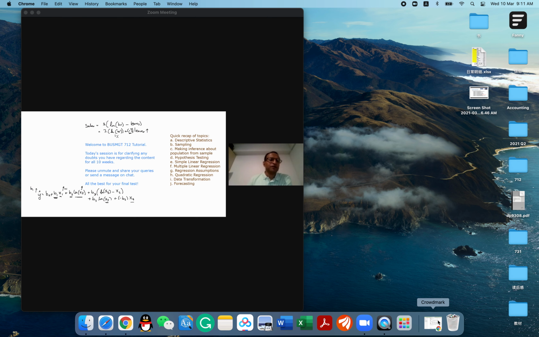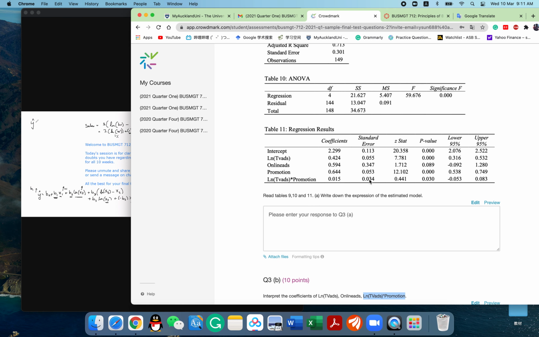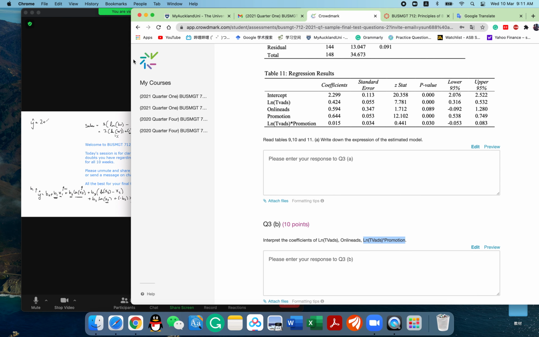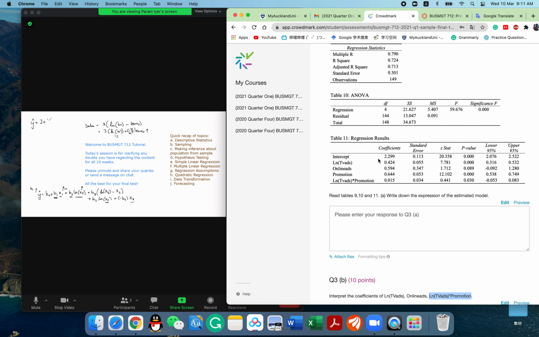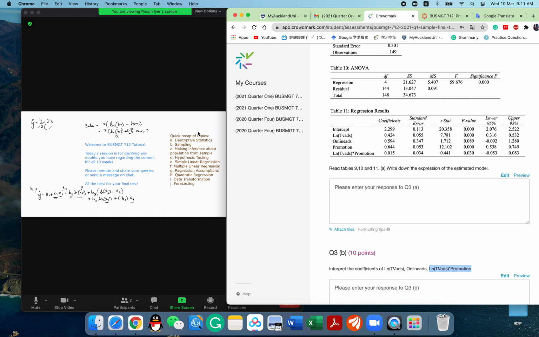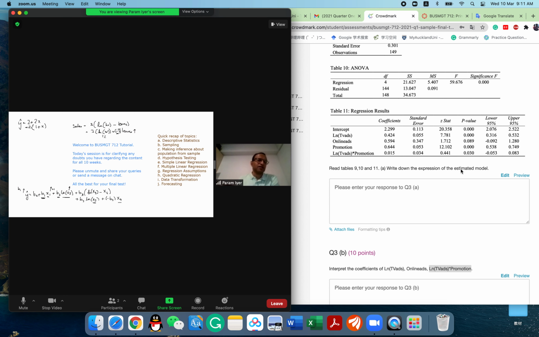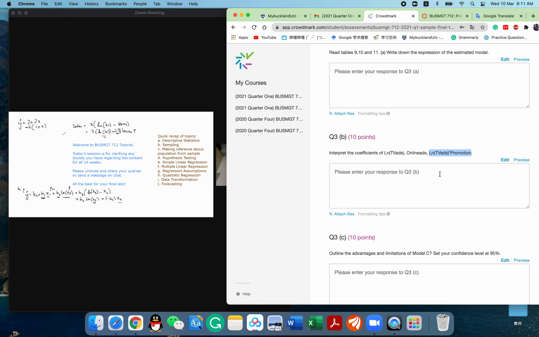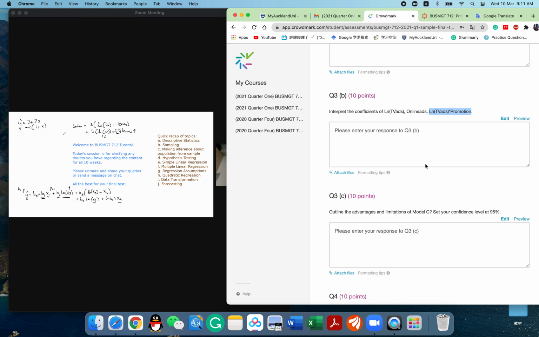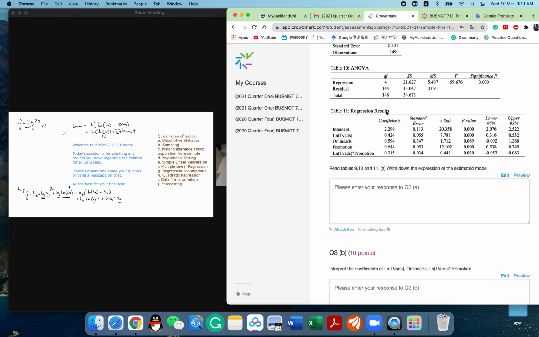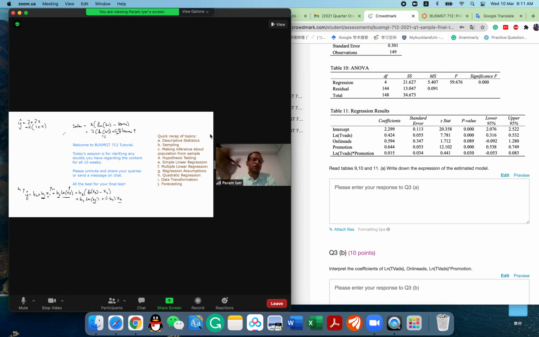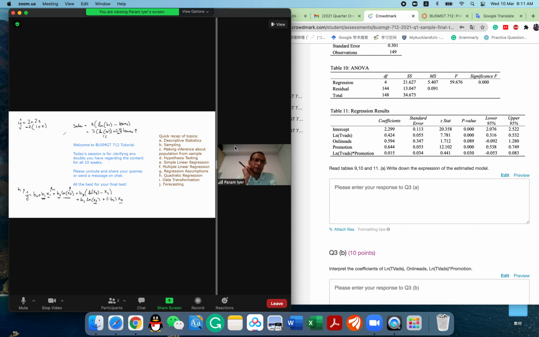For example, if y hat is 2 plus 2 times x, this is the same as 2 times 1 plus x. It's just using algebra, nothing more. You can expand it out and make the interpretation the way we have done earlier for log-linear, linear-log or log-log. Does it make sense? Yes, clear.